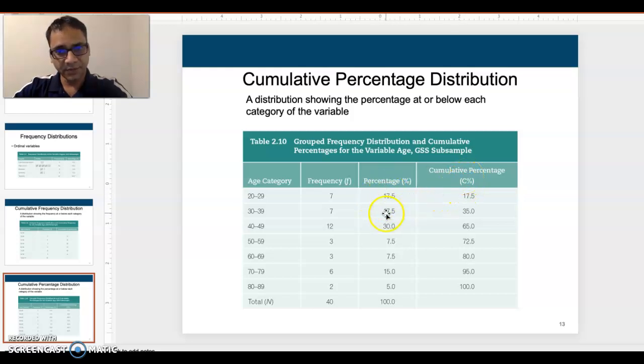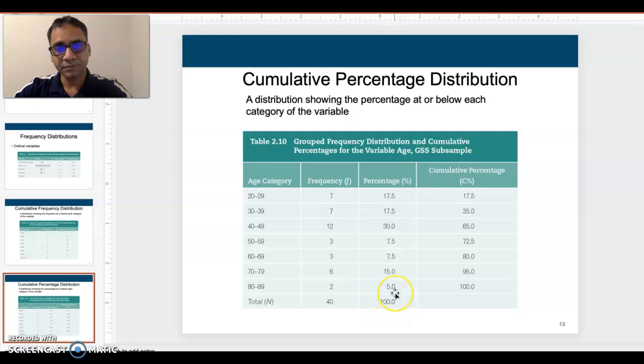The third column is the percent out of 40 people, how many of them were 7, how many of them were in this first category. So it is 17.5%.